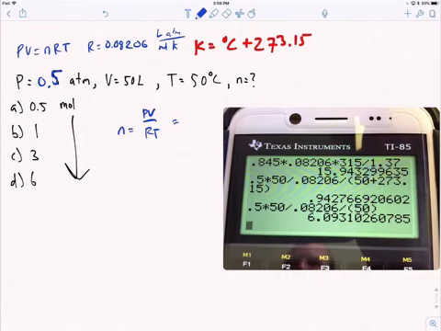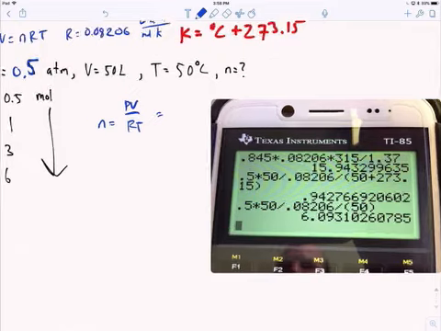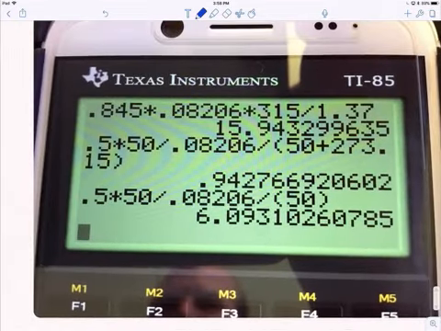So the number of moles is PV over RT. This one here is 50 Celsius plus 273. This is just 50 Celsius.